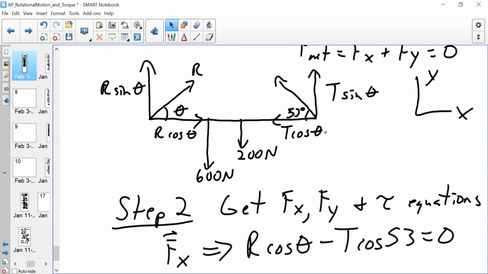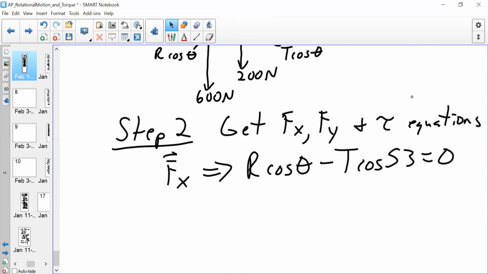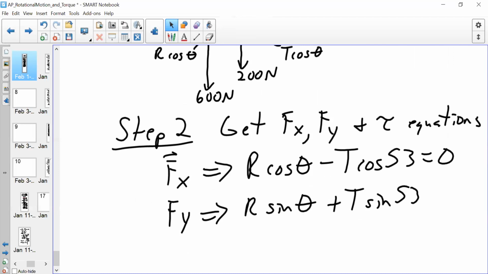The angle for T is 53, so that's the negative direction, and R cosine theta is positive. And then in y, we have one here, one there, and another 600 and a 200. So R sine theta plus T sine 53, minus 600 and 200, so 800 down.